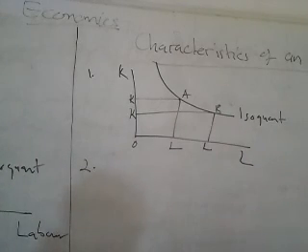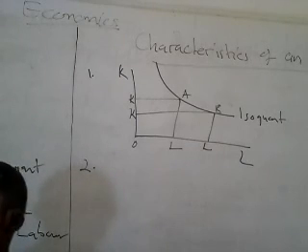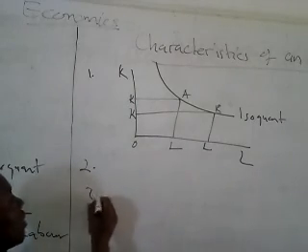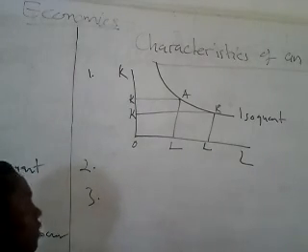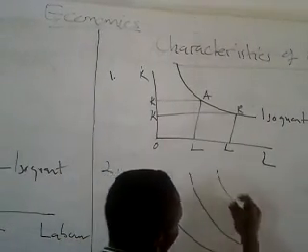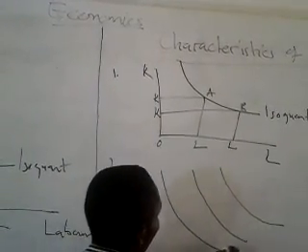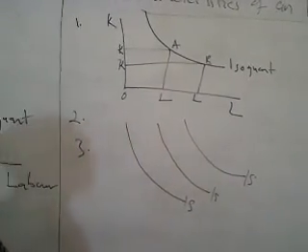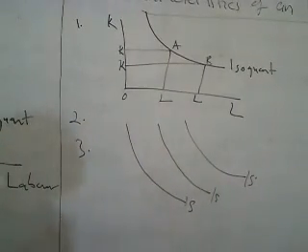The next feature of an isoquant is that an isoquant is dense in plane. It means we can have several isoquants. Isoquants can be two or more. It means we can have two or more different kinds of isoquants.